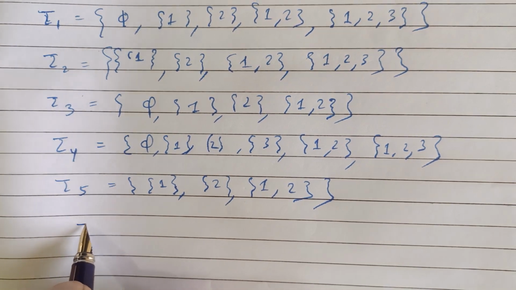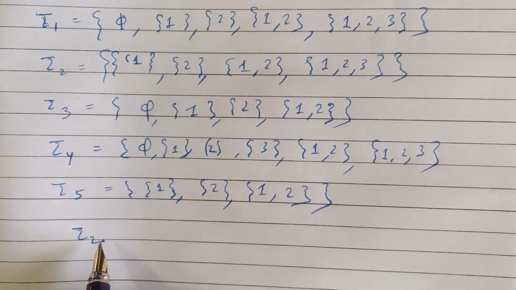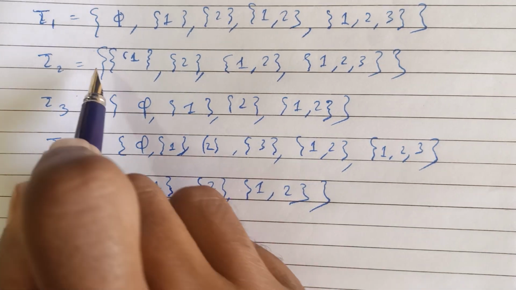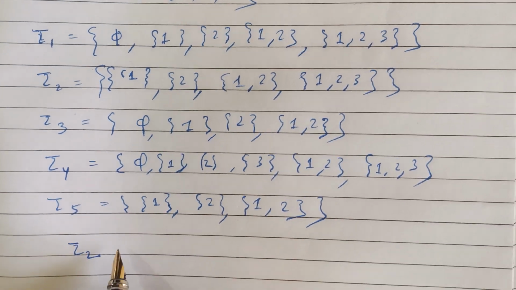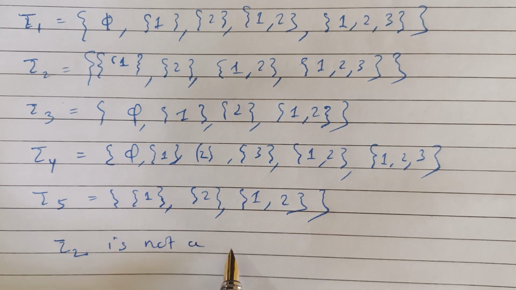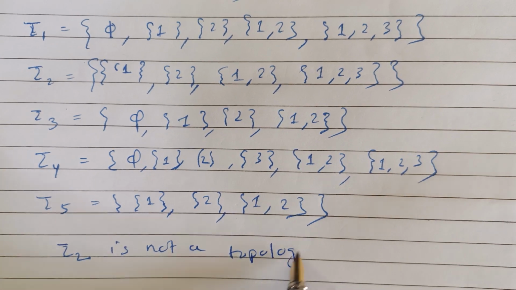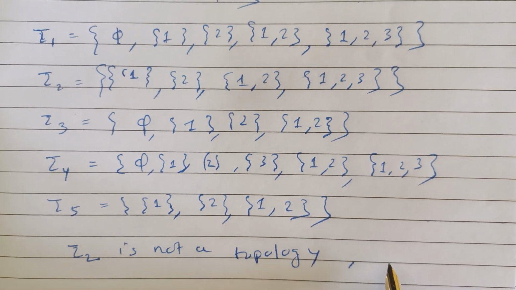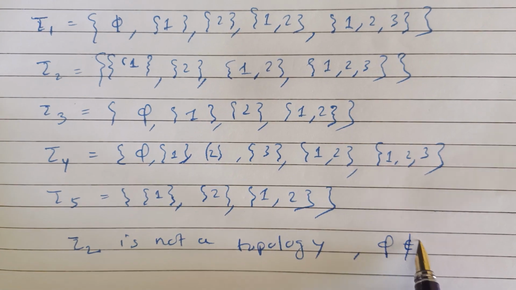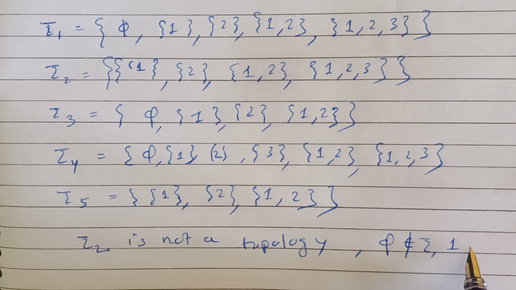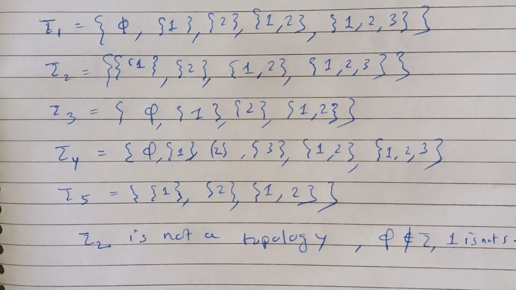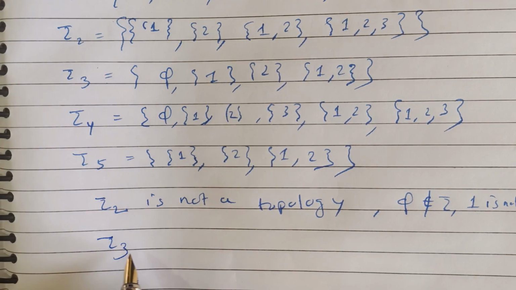Let us consider first tau 2. See, friends, in tau 2 there is no phi. So tau 2 is not a topology. Why? Because the first condition is not satisfied. Phi does not belong to tau 2. Tau 3, let us examine.